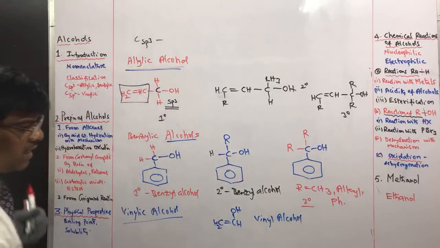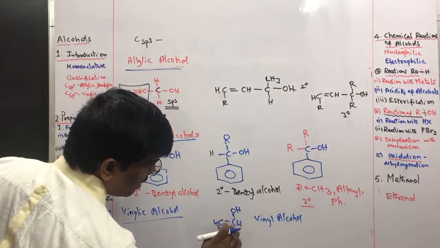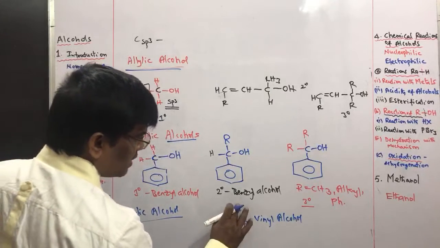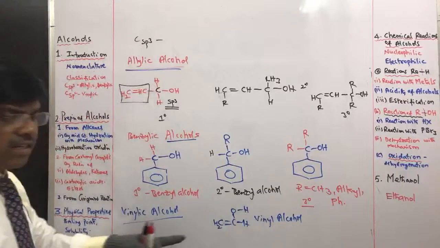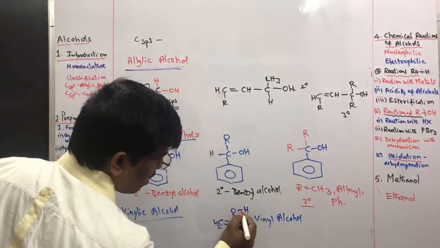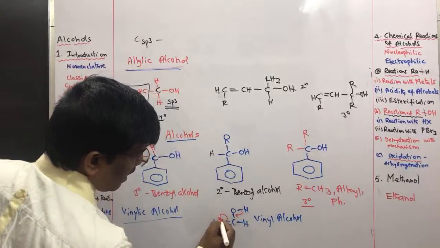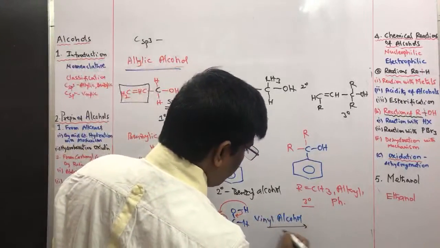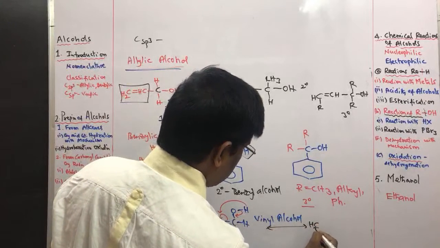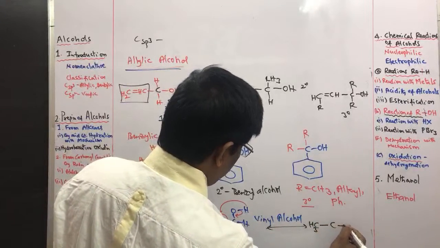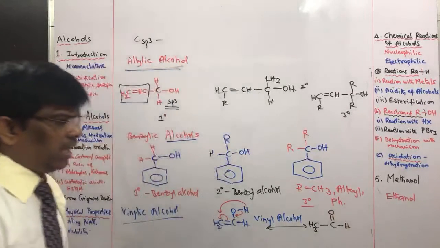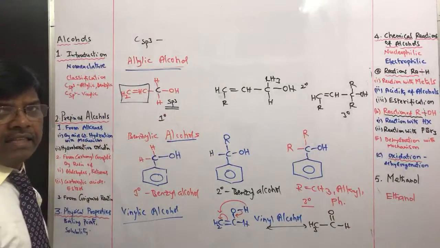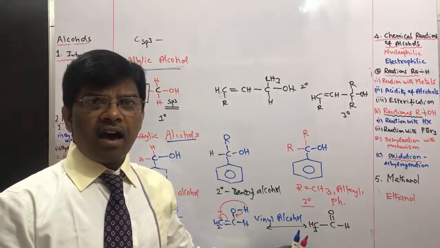It is a tautomer of acetaldehyde: this hydrogen comes here, giving CH3 double-bonded C with a hydrogen, which is acetaldehyde. The acetaldehyde tautomer is vinyl alcohol like this. So vinyl alcohols are also there.